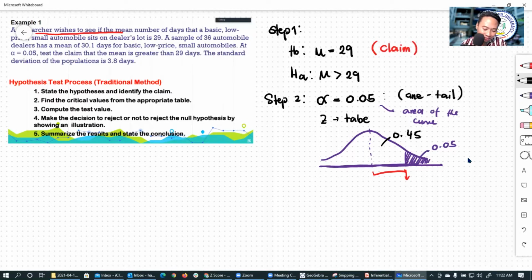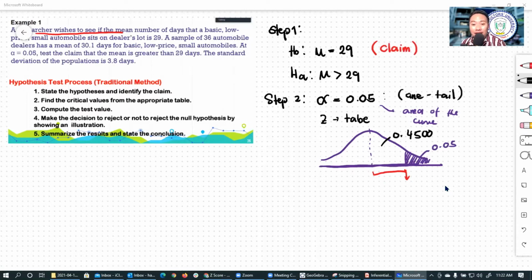It's 0.45. Exactly, 0.45. Agree? Are there any questions? None so far.